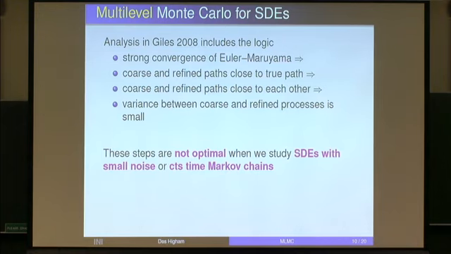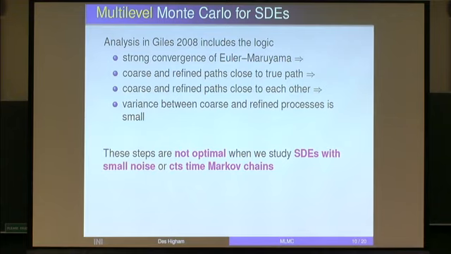Sorry, paths of Euler-Maruyama stay close to exact solution paths. So both the coarse and the refined paths are close to a true path. There's a triangle inequality then that says if they're both close to something, they must be close to each other. So then your coarse and refined paths stay close together, and then you can show that that difference has a small variance. So that's the logic that goes on in one part of the analysis.